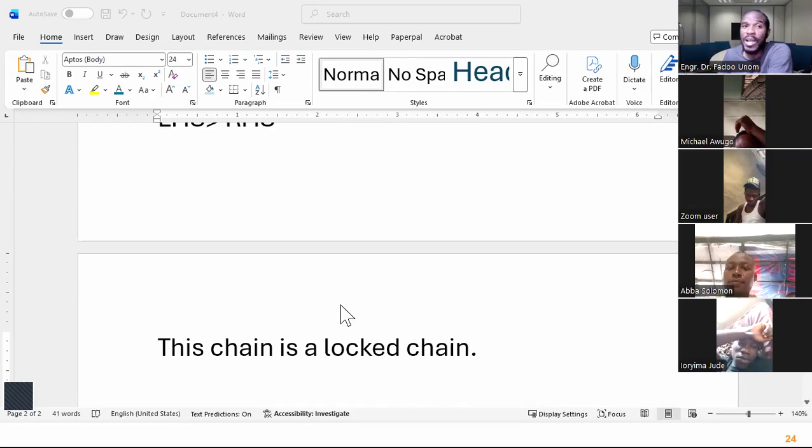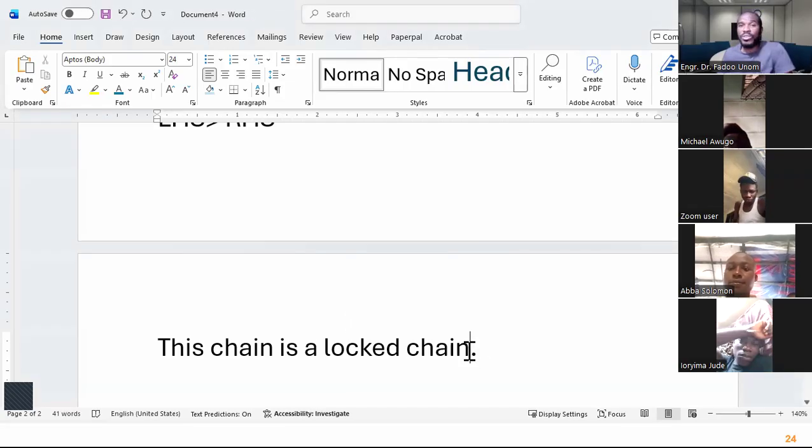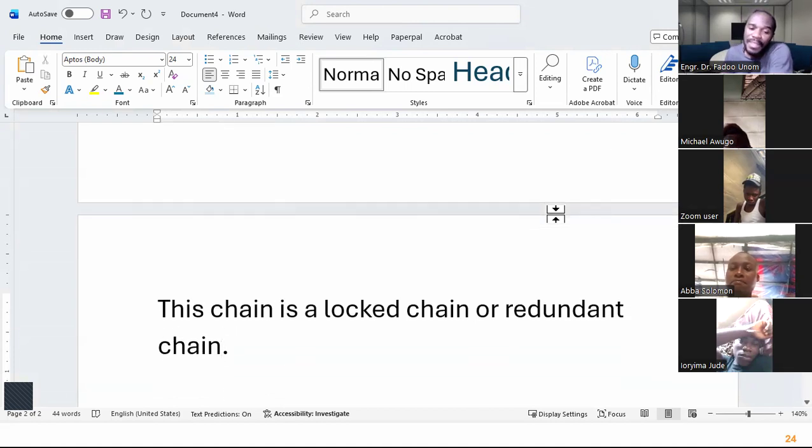And so we can conclude on the nature of the chain. If the left-hand side is greater than the right-hand side, it's a locked chain or a redundant chain. If the left-hand side were the same as the right-hand side, then it would have been a kinematic chain.